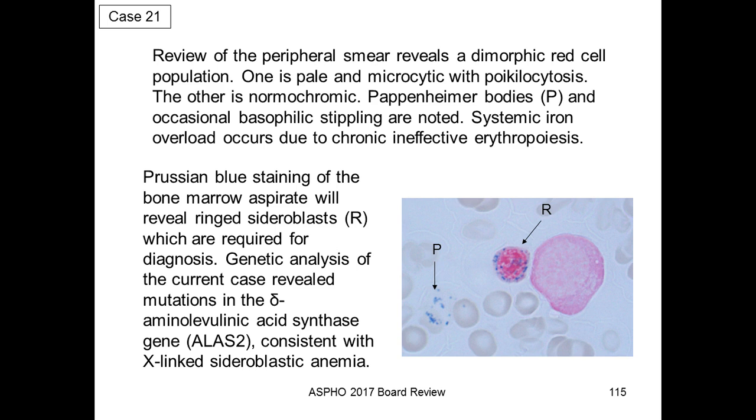But Prussian blue highlights iron, and you can see that the iron granules completely circumnavigate the nucleus, which is what constitutes a ring sideroblast. And then the P shows that they are Pappenheimer bodies. So genetic analysis of the case that I just showed revealed mutations in the delta-aminolevulinic acid synthase gene, and this is consistent with X-linked sideroblastic anemia.